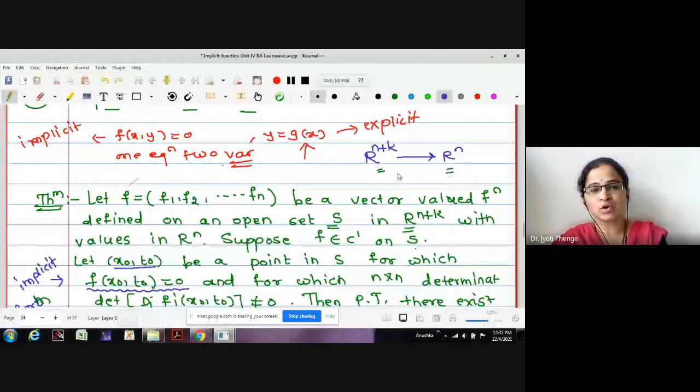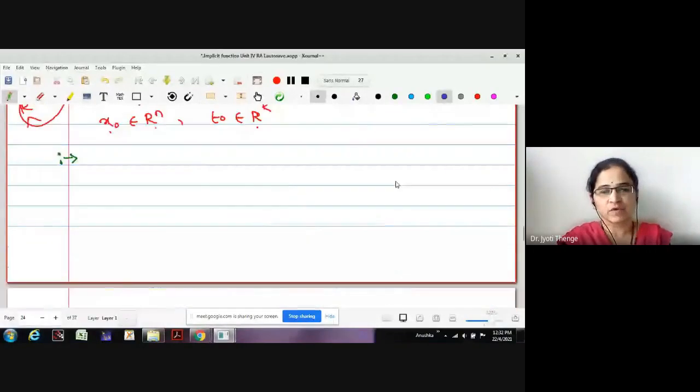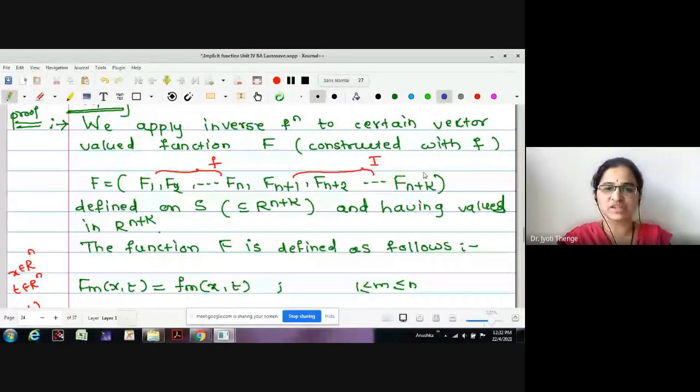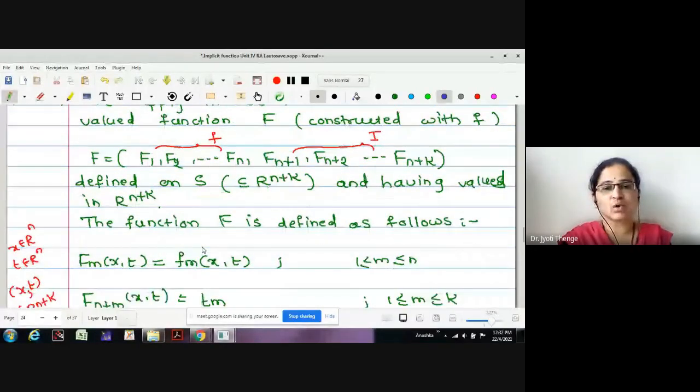Therefore, we will try to construct a new function, say capital F, with the help of this small f function, such that the codomain space also has dimension n+k, that is, R^(n+k).